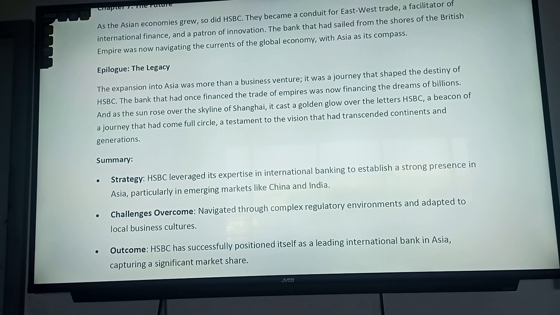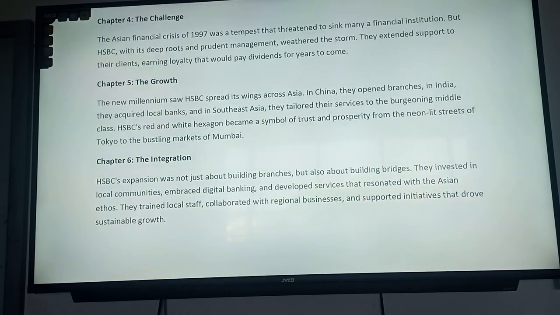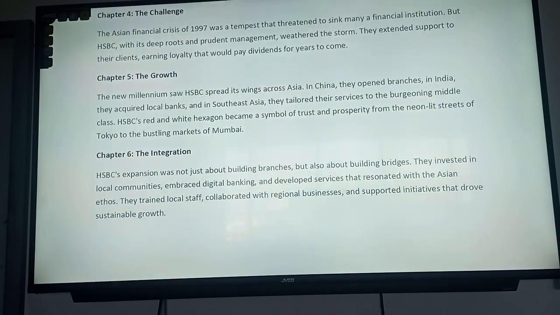They faced a very difficult situation while establishing their business in the local market, and they completely adopted the local business cultures as well as the regulatory environments. Finally, HSBC successfully positioned itself as a leading international bank in Asia, capturing a significant market share in China and India. So try to study the case study. It is very interesting.